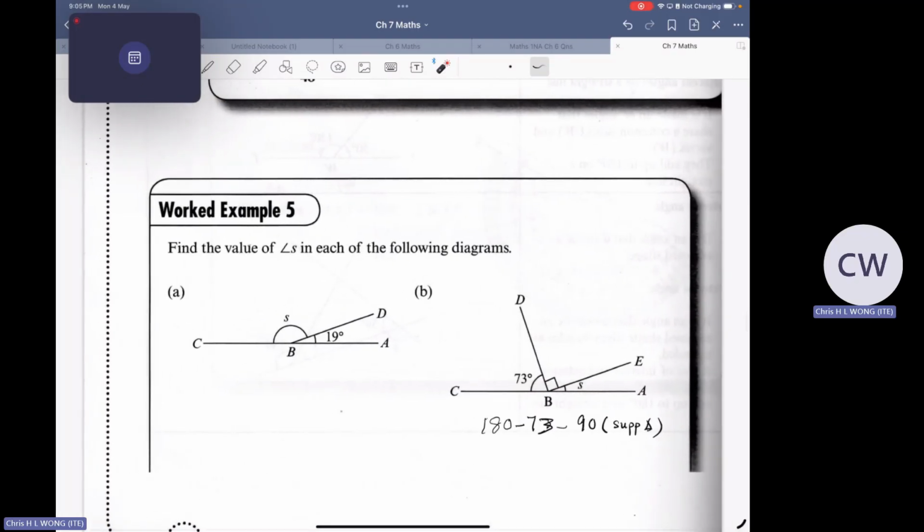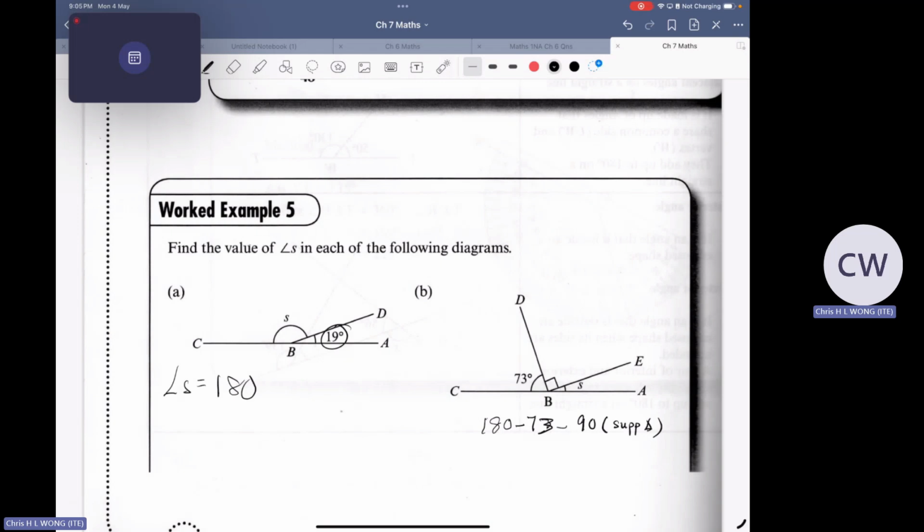Now the next one, you're supposed to calculate A. Find the value of angle x in each of the diagrams. They will tell you ABC is a straight line. So if ABC is a straight line, you are supposed to find S. Angle S is equal to 180 minus this, right?